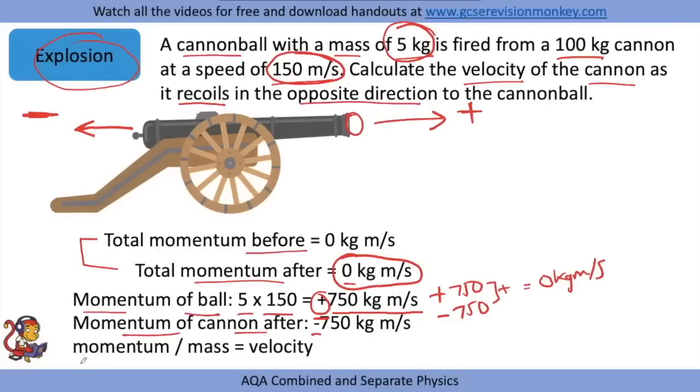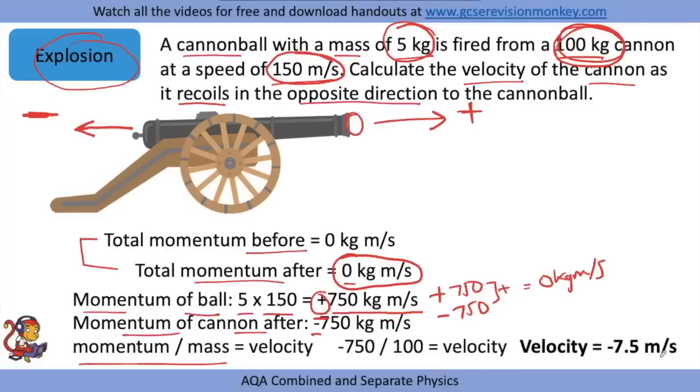And if we rearrange the momentum equation, momentum divided by mass is the velocity. In the question, they've told us the mass of the cannon is 100 kilograms. So if we rearrange that, we will get minus 750 divided by 100 to give us a velocity of minus 7.5 meters per second. And again, the minus is there just because velocity is a vector, so it gives us an indication of the direction that that cannon is moving in.